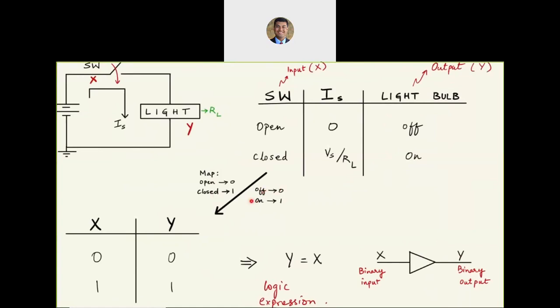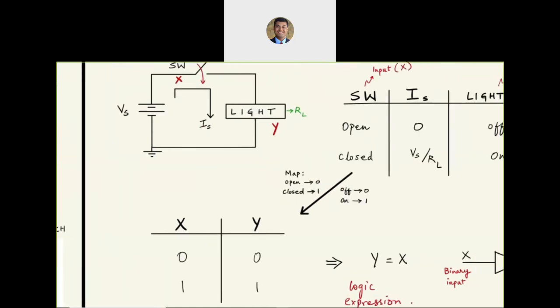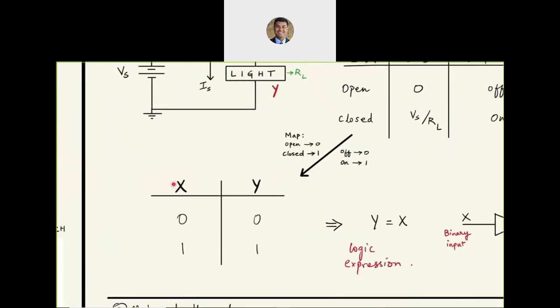So by using this mapping, I can translate a table like this, which has words and quantities, into a table that looks like this. So over here, X is representing the state of the switch, Y is representing the state of the light bulb, and when the switch was open, the light bulb was off. When the switch was closed, the light bulb was on.